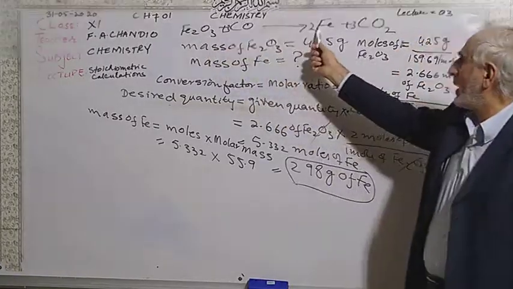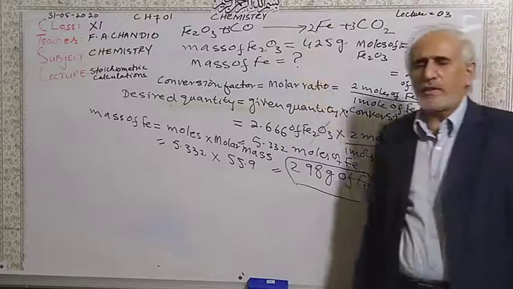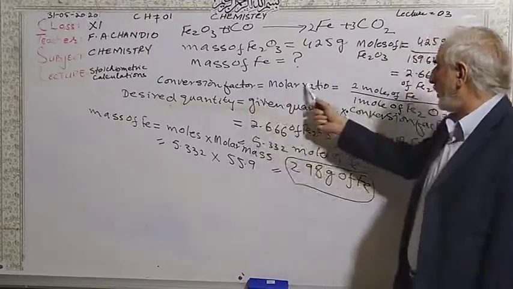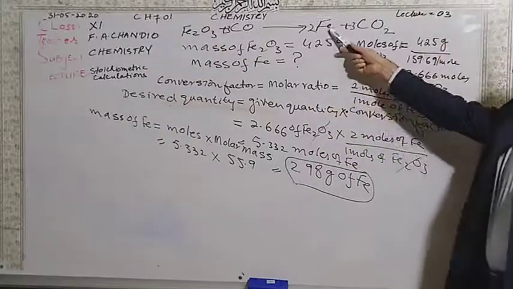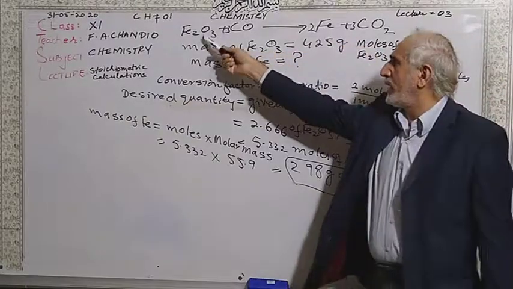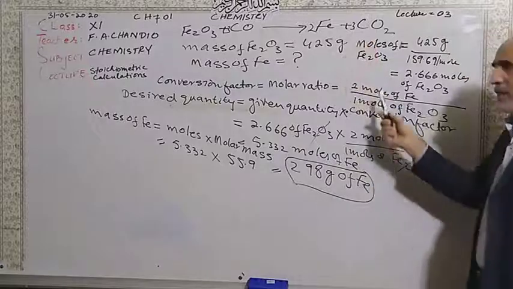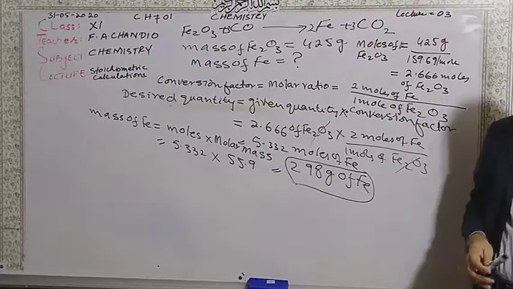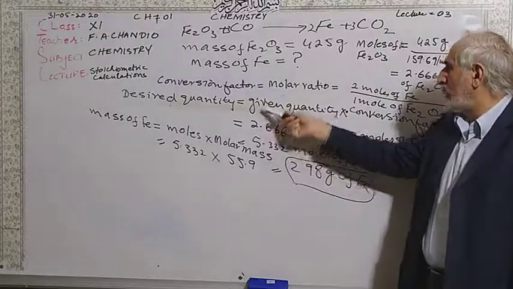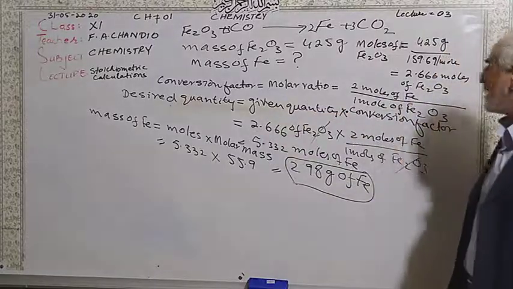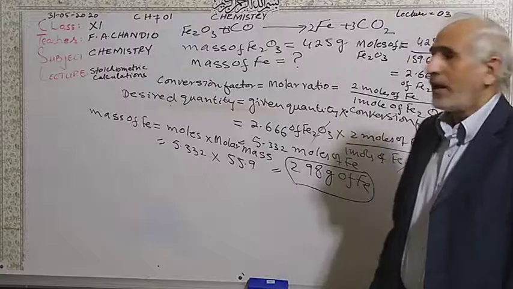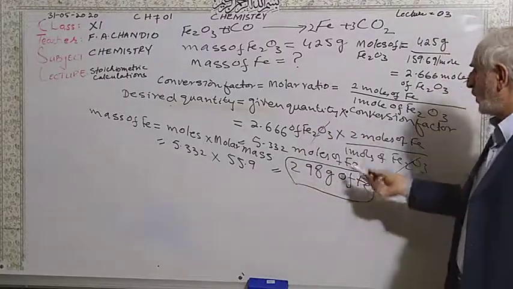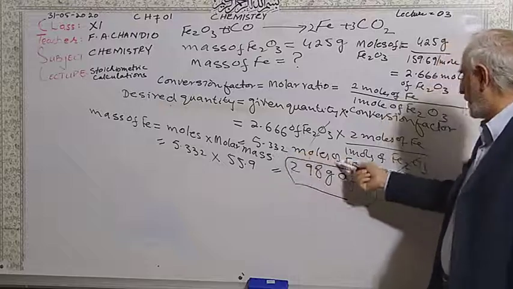But we want to calculate the mass of iron, so I use the conversion factor method. The conversion factor is equal to the molar ratio. According to the stoichiometric equation, 2 moles of iron divided by 1 mole of iron oxide, multiplied by the given quantity, 2.66 moles of iron ore, gives 5.33 moles of iron.